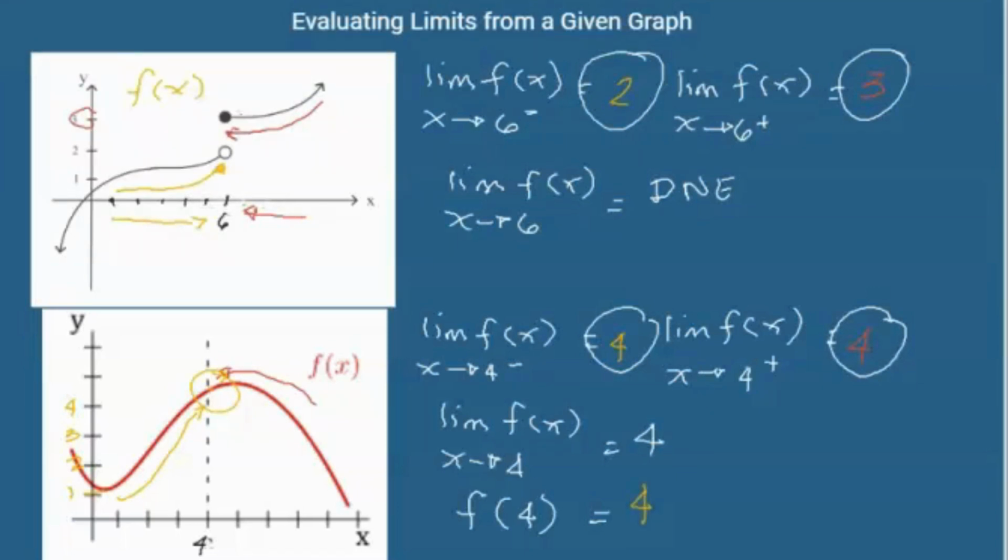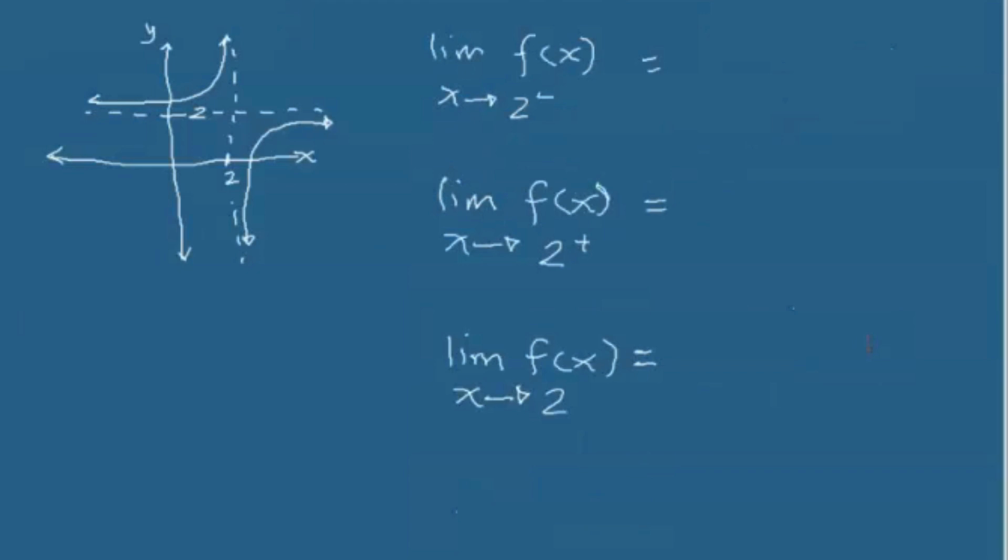Okay, let's have more examples. Let's take a look at this example. So we have this function and we're asked to find the limit of the function as it approaches 2 from the left-hand side, and then from the right-hand side, and from 2. So let's start with the left-hand side of 2.